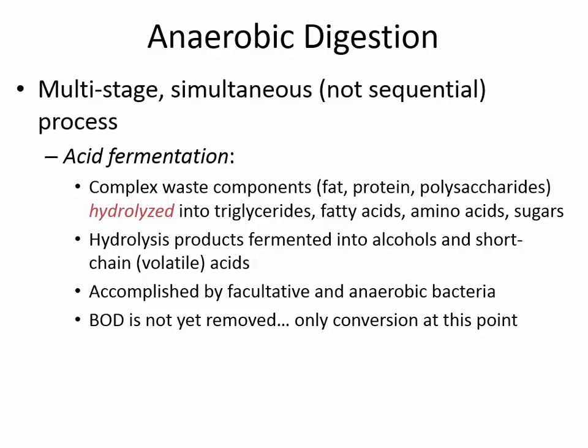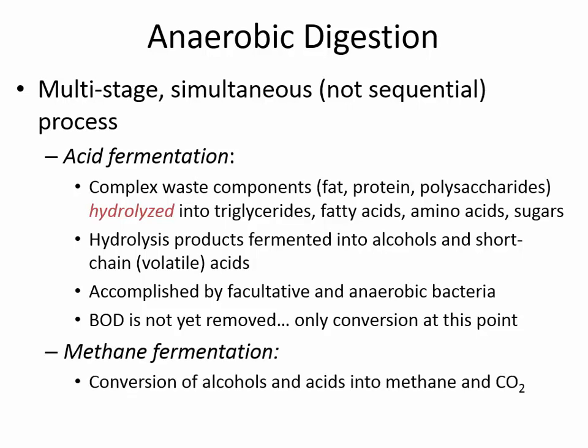But just to give you a glimpse of what's happening, the fats and the complex waste components like proteins and polysaccharides are turned into alcohols, and then the alcohols are turned into methane. And so methane is the ultimate end product of anaerobic treatment, and that methane is what can sometimes be burned to generate electricity.